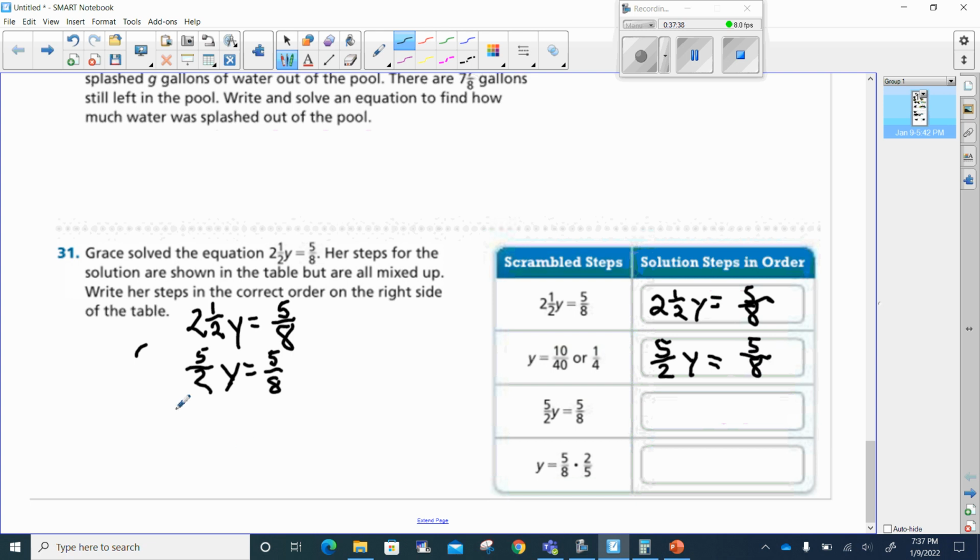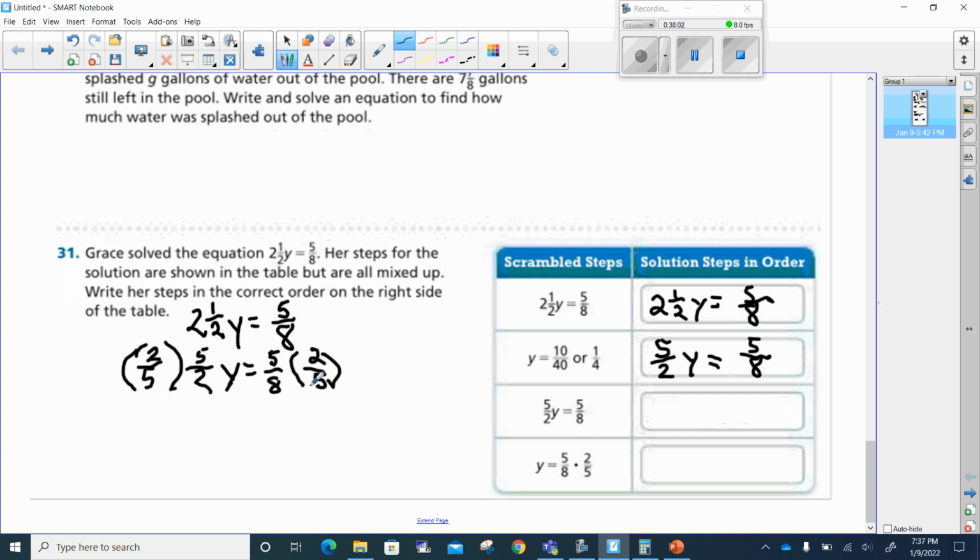The next step, of course, would be to multiply the inverse. So that means I'm going to multiply 5 over 2 to 2 over 5. Whatever I multiply to one side, I have to multiply to the other side. So that would make me taking this one and turning it in to 2 over 5 as well.